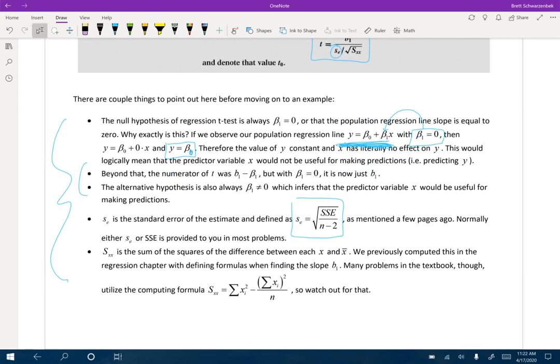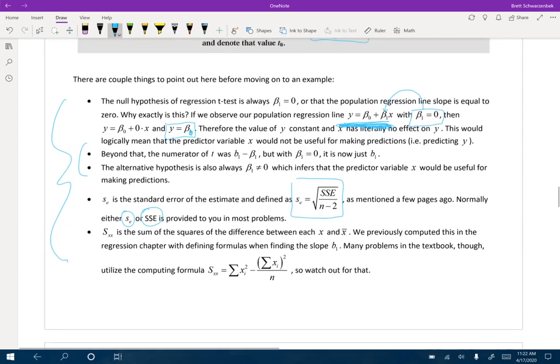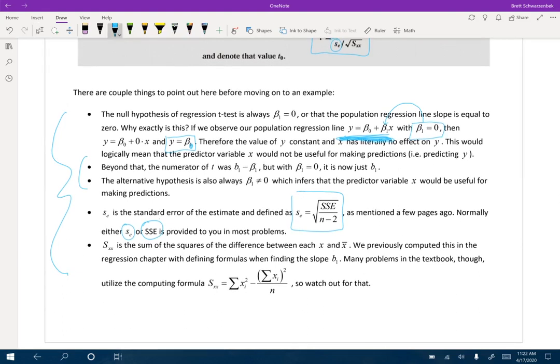Normally in the problem, you are provided with SE or SSE, but I know for a fact that in the homework, they actually ask you to calculate SSE. We've done this before. If you remember back in the regression, I think it was page 10 of Unit 4, you actually calculated SSE, even though it wasn't required for figuring out what R squared was.